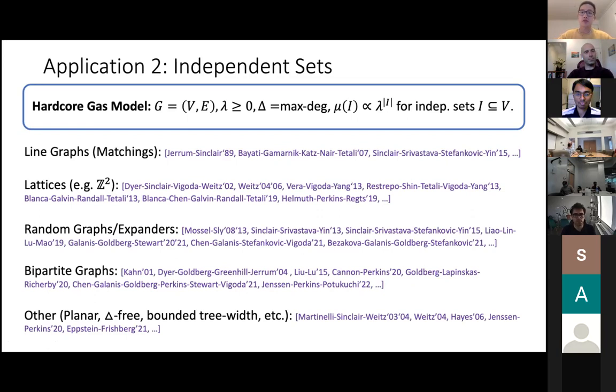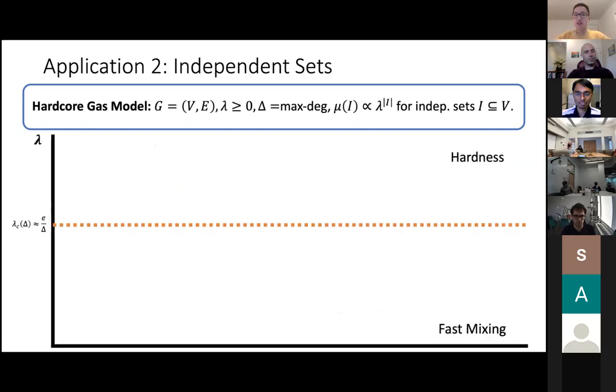Even for very special classes of graphs, there has been a lot of work studying this problem. Perhaps one of the most interesting features of this problem is that it exhibits some kind of a phase transition, in the following sense. So here on the y-axis, I'm going to put values of this parameter lambda.